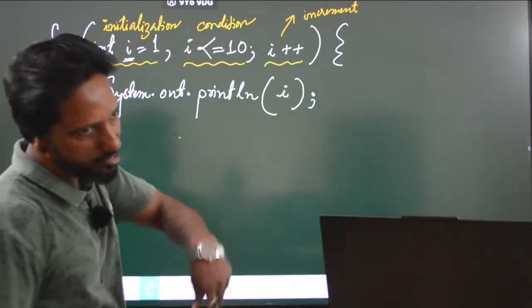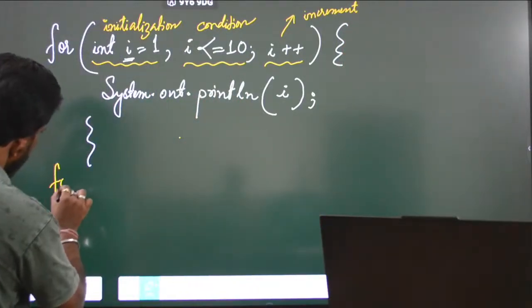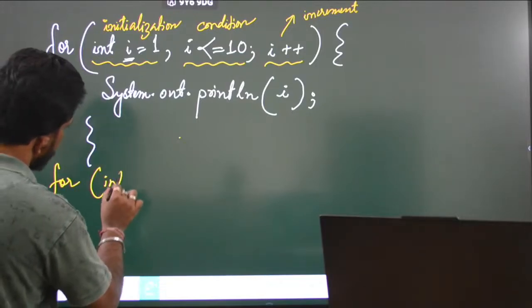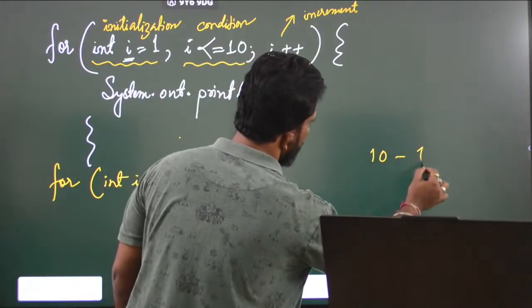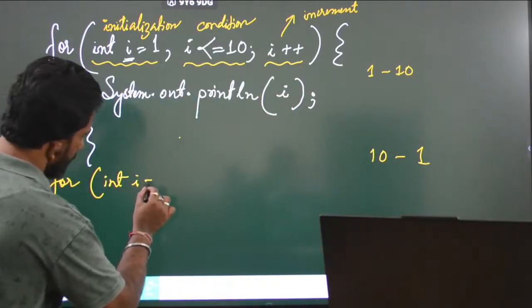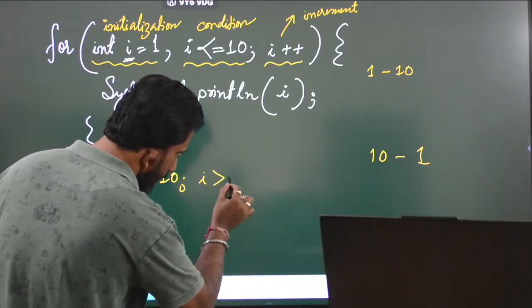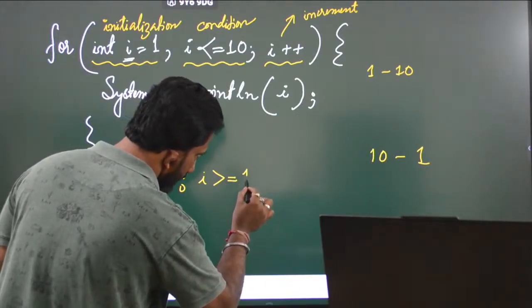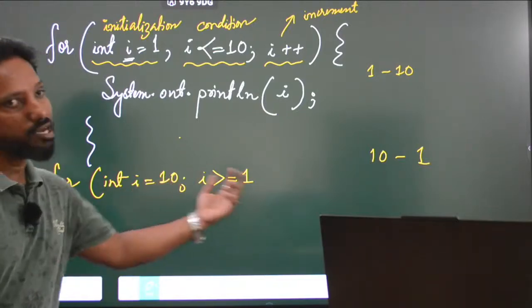In another case, if I want to print the reverse order, then I can write like this. For, I want to print now 10 to 1, and this is 1 to 10. I will write like this: int i equal to 10, i greater than equal to 1. See, from a larger number I am trying to come to a smaller number.